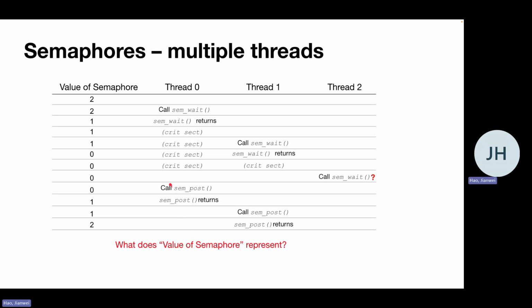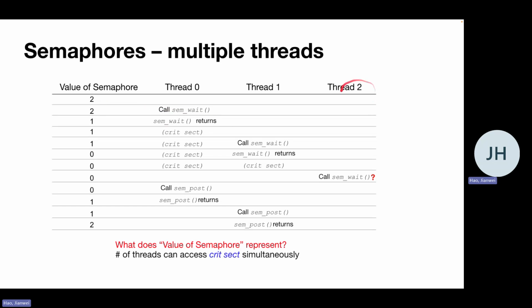So in this case, what does the value of the semaphore represent? It represents the number of threads that can access the critical section. If the number is 2, that means at most 2 threads can access the critical section simultaneously.